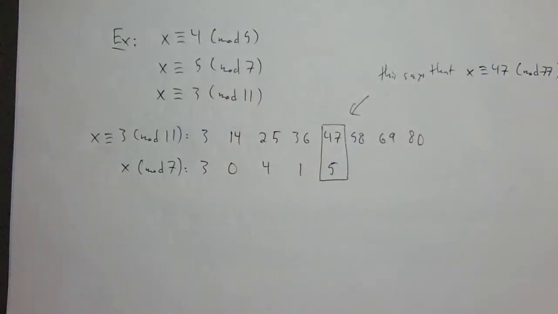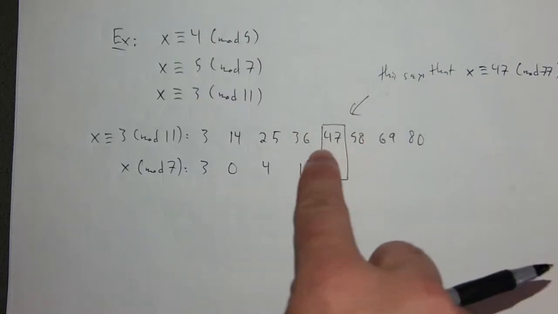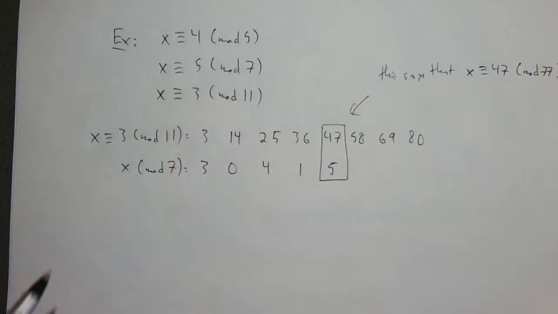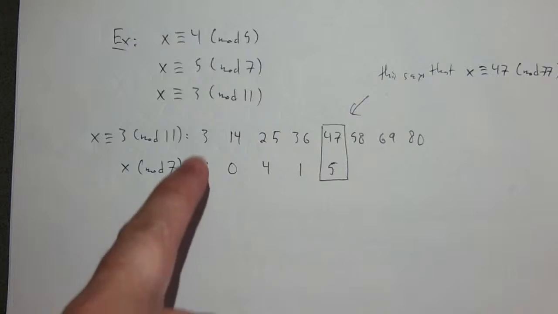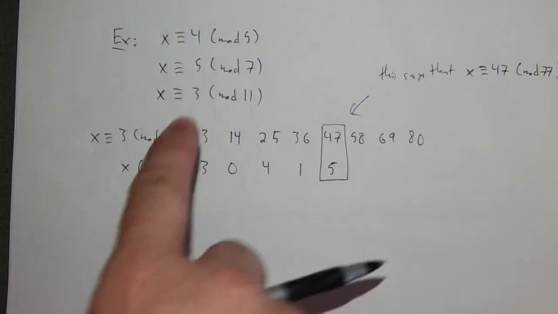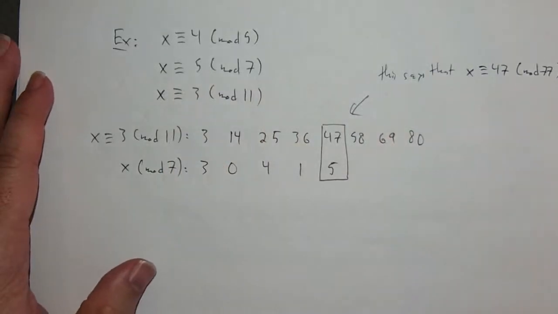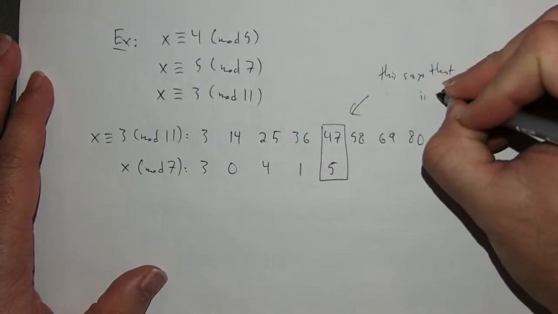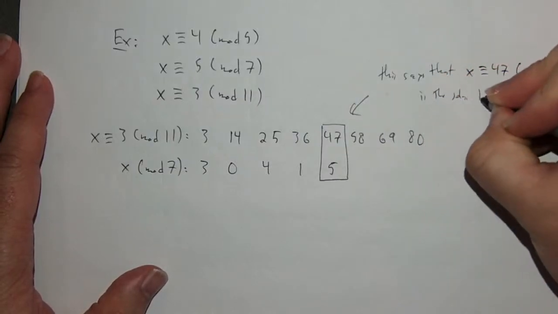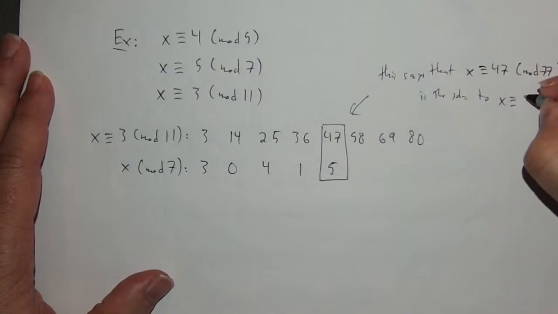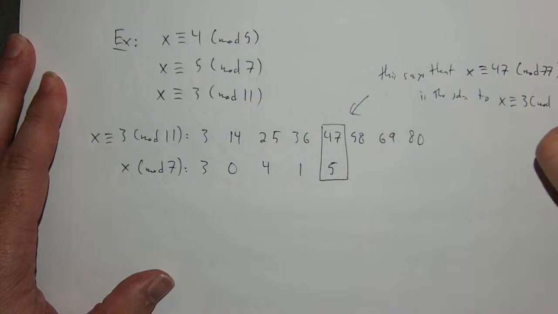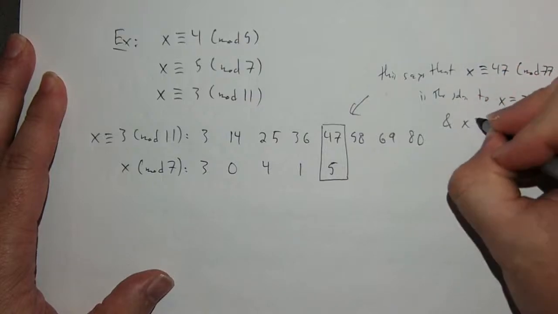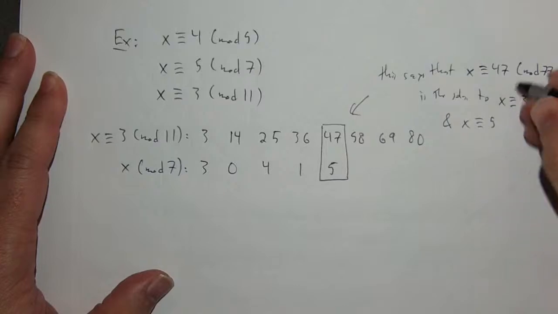The fact that 47 is in the first line says that it solves the last congruence, and the fact that it is congruent to 5 mod 7 tells you that it solves the middle congruence. So it solves the bottom two congruences. So x is congruent to 47 mod 77 is the solution to x is congruent to 3 mod 11, and x is congruent to 5 mod 7.